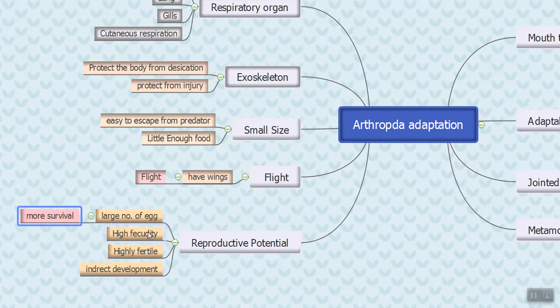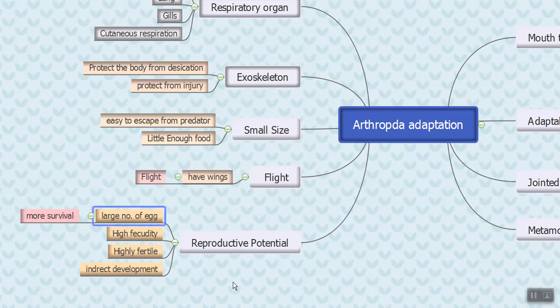This is why this group has a high fertility rate and high fecundity. And their development is indirect. The larval forms and the parents are very different, and they feed on different types of food. This supports their survival, and there is no competition between the parents and the offspring.